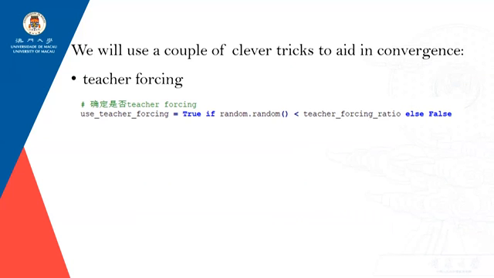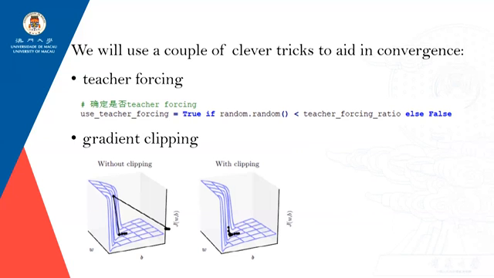This avoids the possibility of being wrong one time and then wrong all the time. The second trick is gradient clipping. This technique is usually used to prevent the exploding gradients by limiting the parameters to a range that prevents the gradient from being too large or not a number.